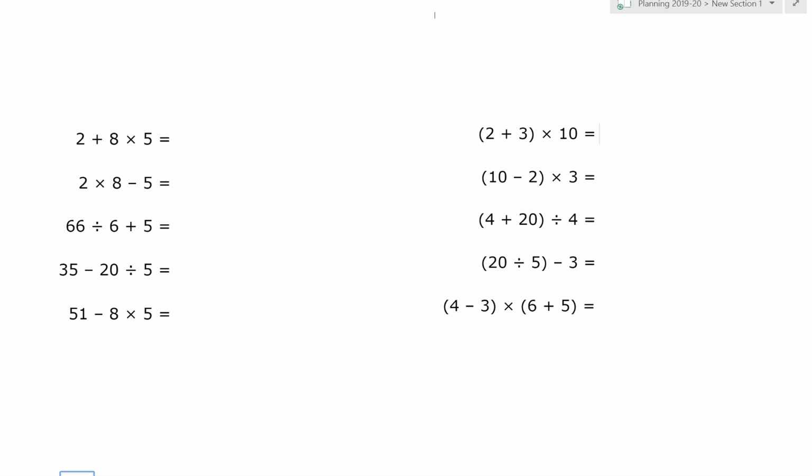So according to Bidmas, the first one, no brackets, no indices, no division. There is a multiplication, so that makes 40. We can do 2 plus 40, that's 42. Same with the next one, we've got a multiplication, so that's 16.